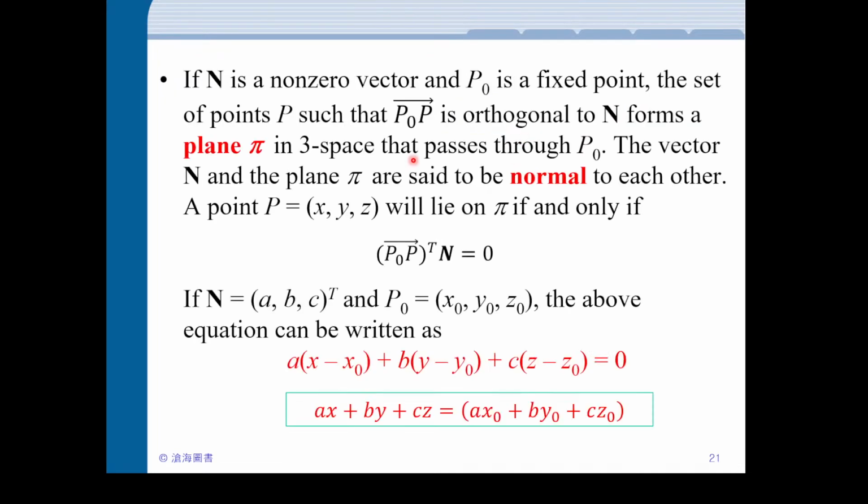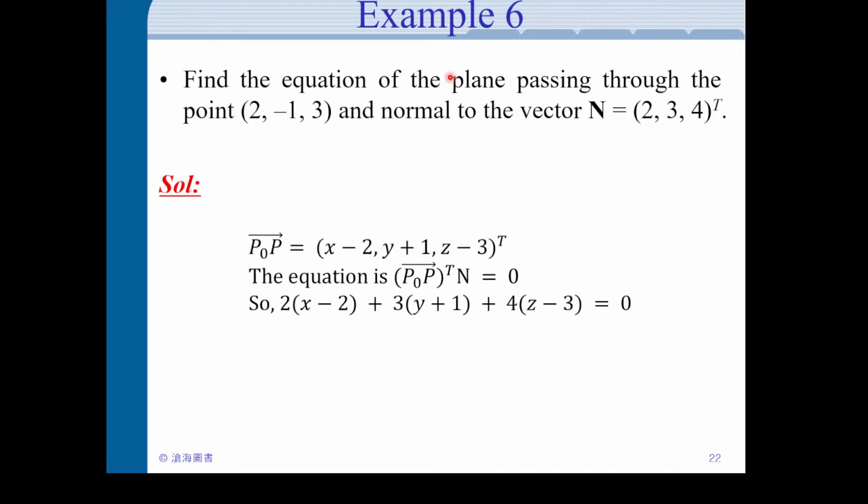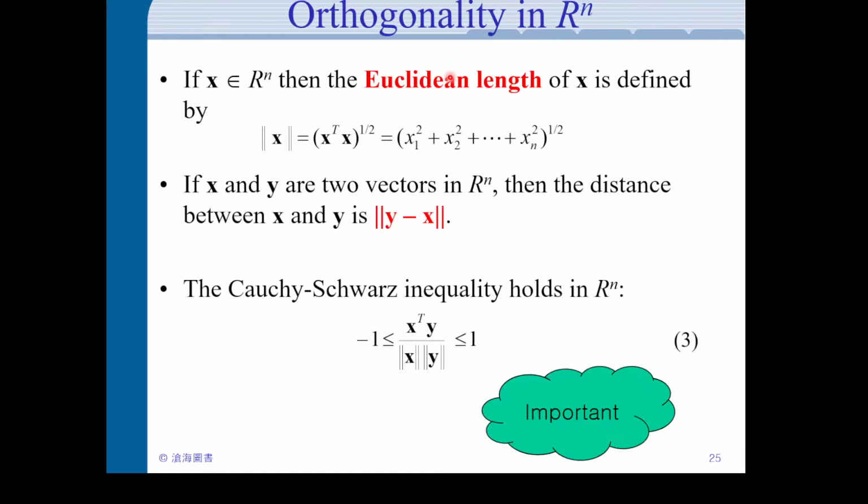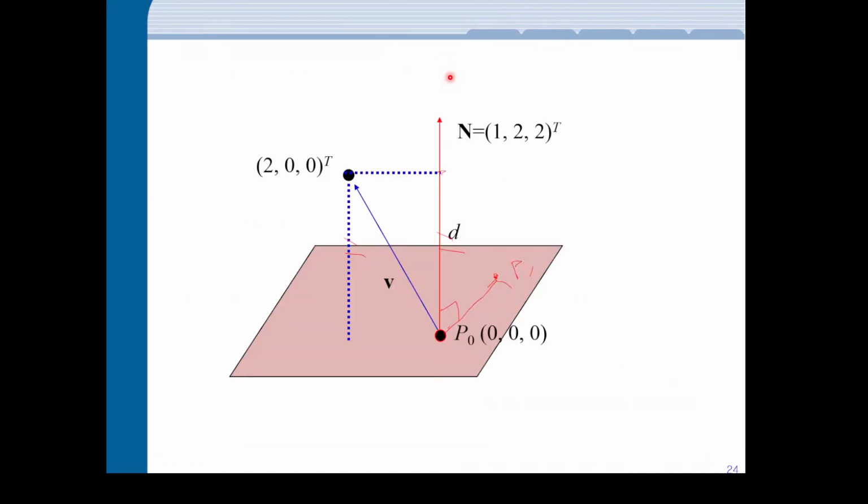Now we try to describe a plane in a 3-dimensional space. We can define a plane by a vector and a point. Do we have a picture? We have a more complicated picture, but we can use it here. We say we have some direction of some vector and some point in 3-dimensional space.